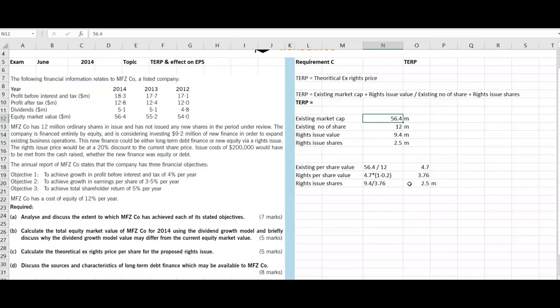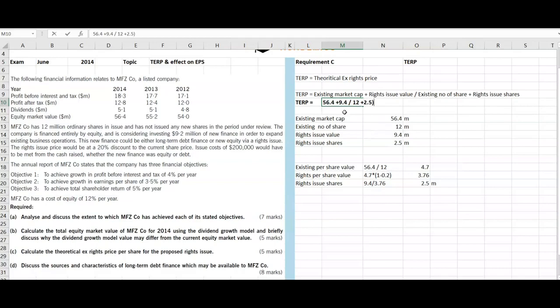So now we have all the numbers. We just have to find the TERP. We'll work out the TERP here. It's going to be 56.4 plus the rights issue value, which is 9.4, divided by the existing number of shares, which is 12 million, plus the additional issue of shares, which is 2.5.